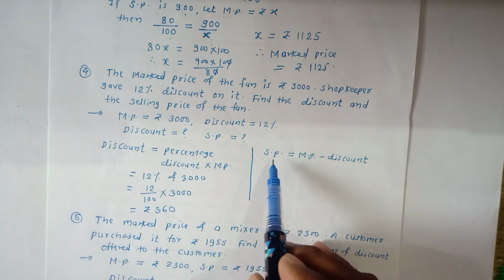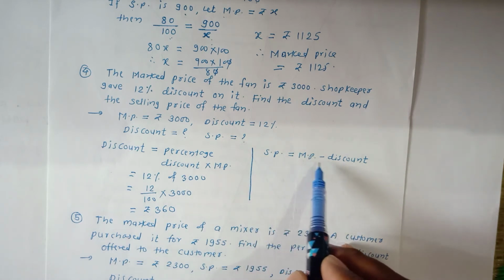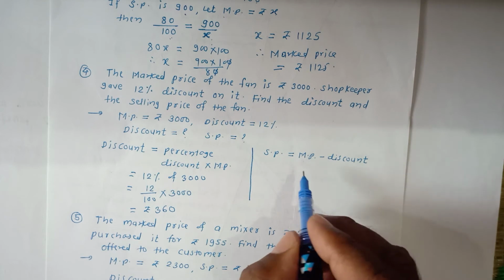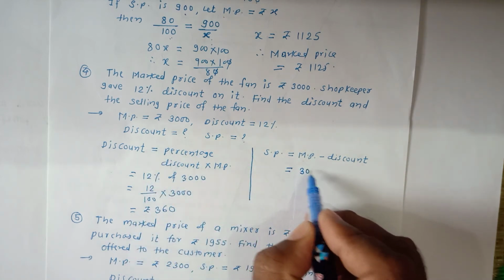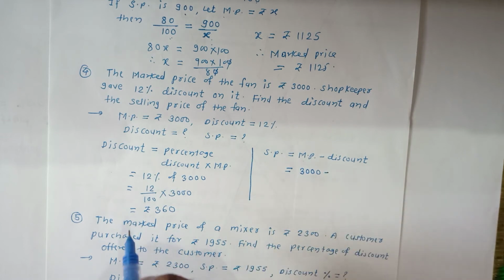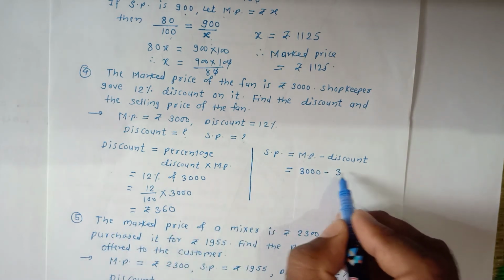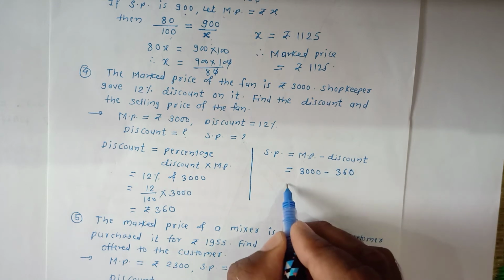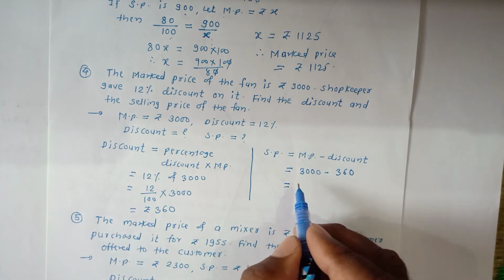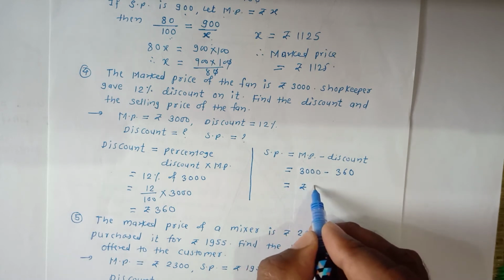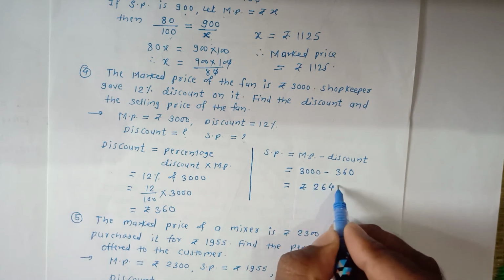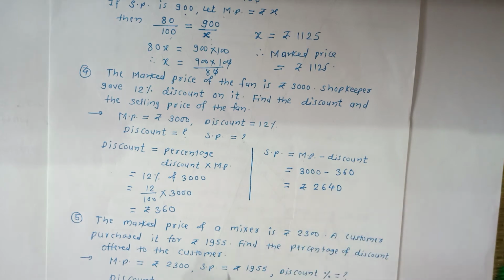Now we have to find the selling price. And the formula for selling price is equal to MP minus discount. So MP is 3000 and the discount that we have obtained is rupees 360. 3000 minus 360 will be rupees 2640.